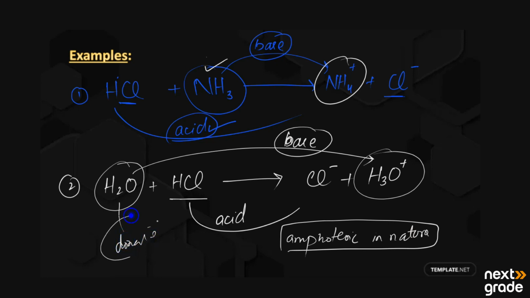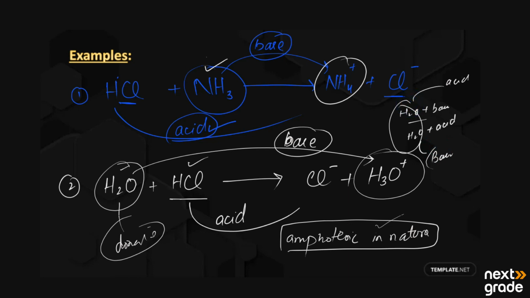It acts like an acid as well as a base, depending upon what substance it reacts with. If water reacts with a base, then it will act like an acid, and if water reacts with an acid, then it will act like a base. So H2O is amphoteric in nature.